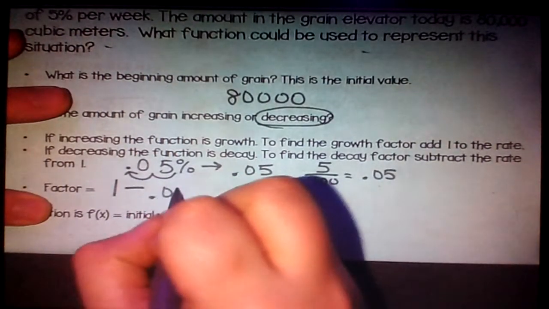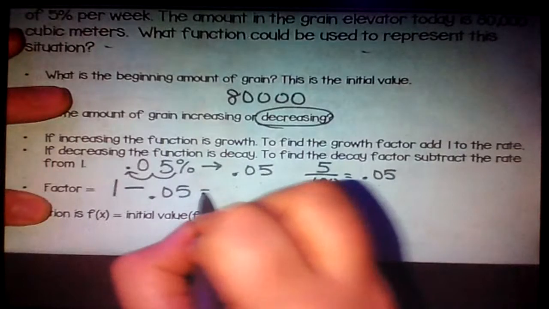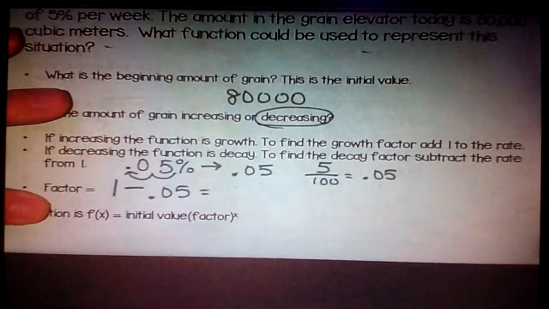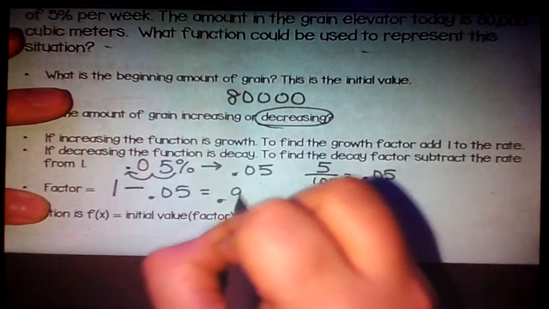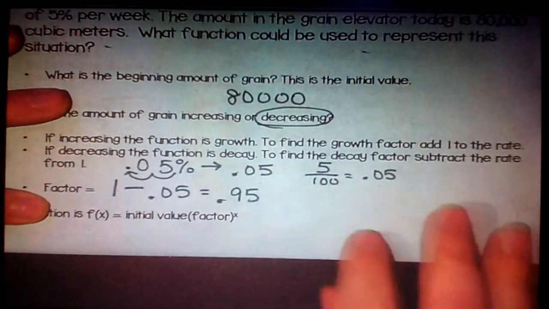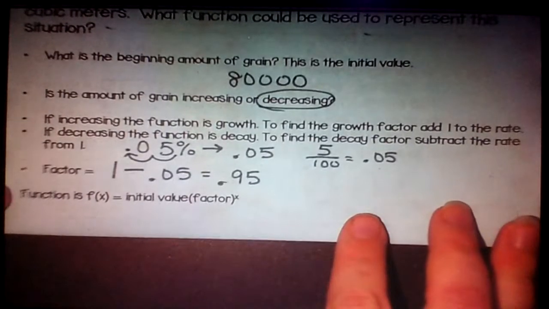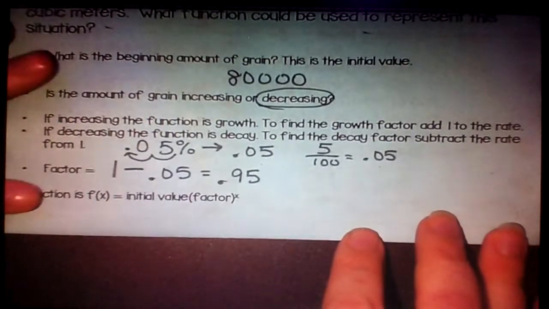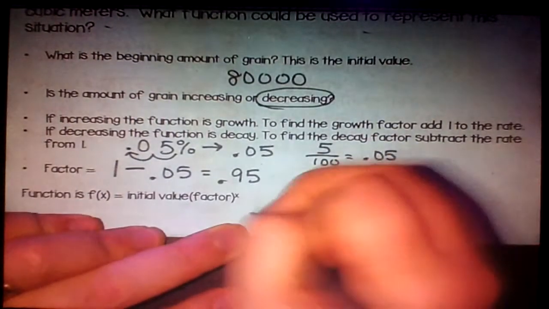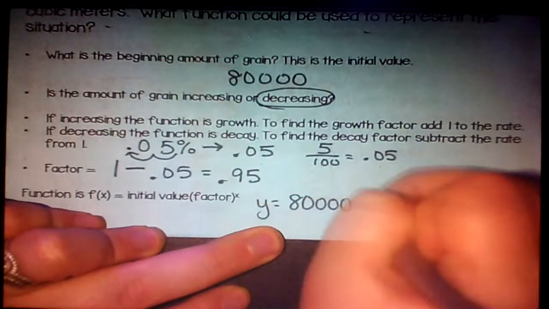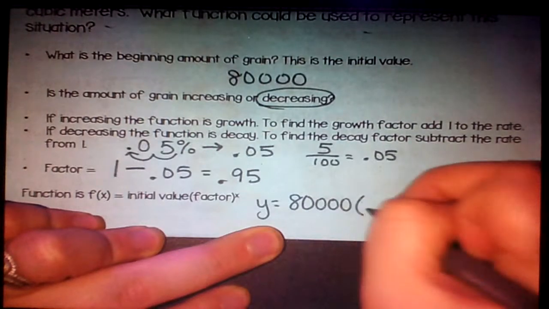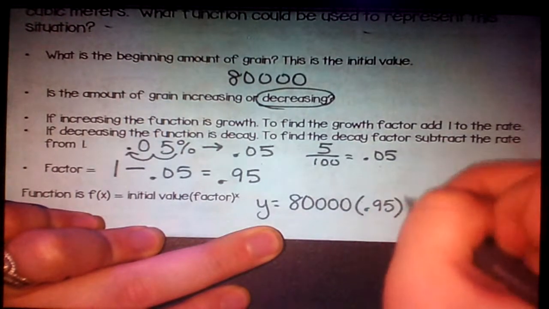So what is 1 minus 0.05? 0.95. Like 95 cents. We're getting rid of a nickel. So my function then is y equals 80,000 times 0.95 raised to the x.